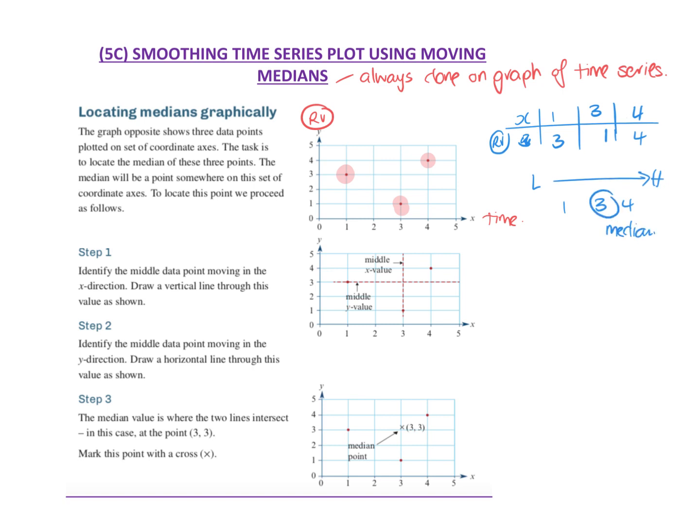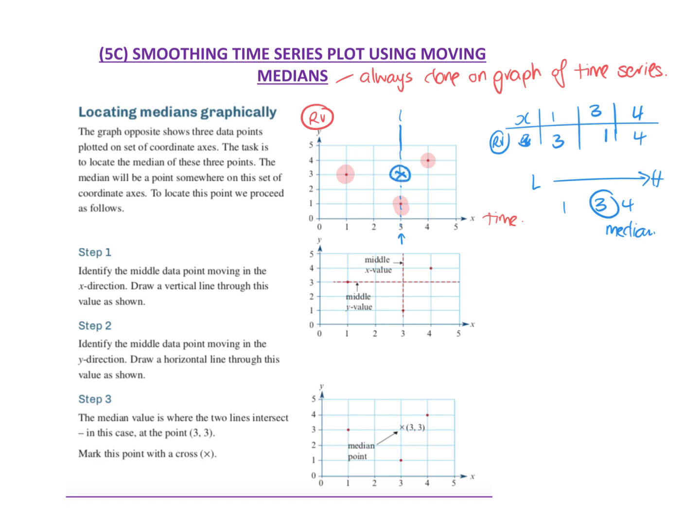So you've got these first 3 dots, and you're going to put the median value along the middle X. The middle X was that 3. There was 1 and there was 4, but that's the middle one of the 3 dots. Out of those 3 numbers, the median was 3, so here would be my first smooth value.